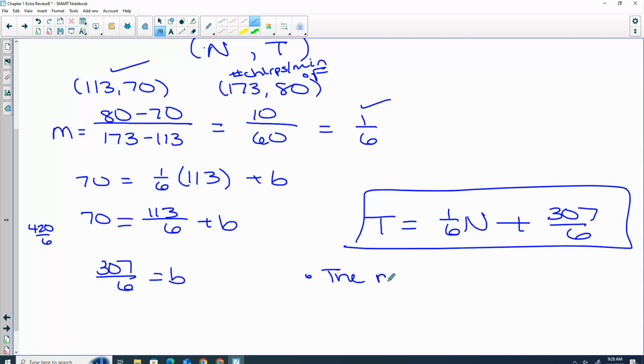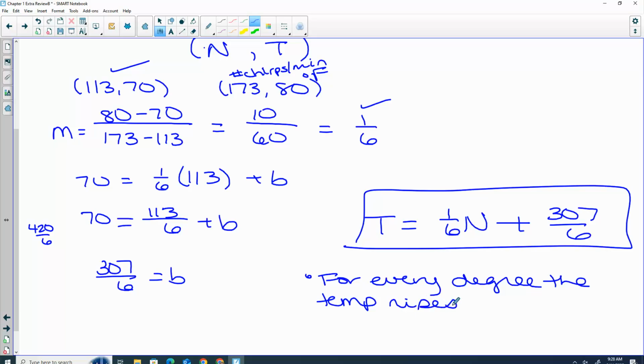So then, let's say, for every degree the temperature rises, there are 6 more chirps per minute.